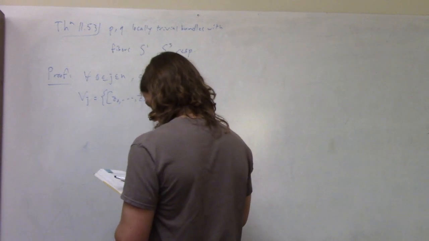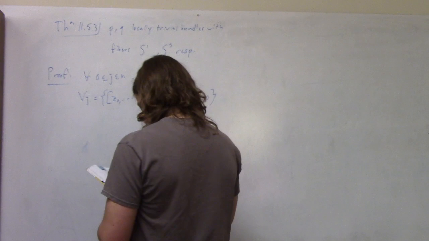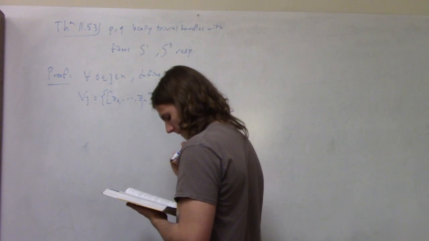Okay, it says each Vj is open because its complement is the image of a closed compact subset of S2n plus 1.